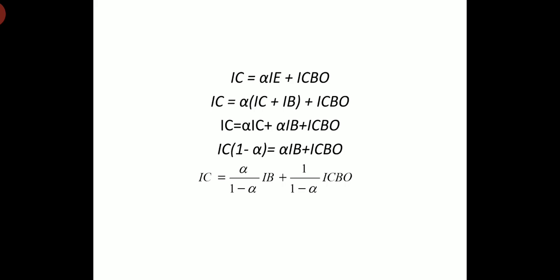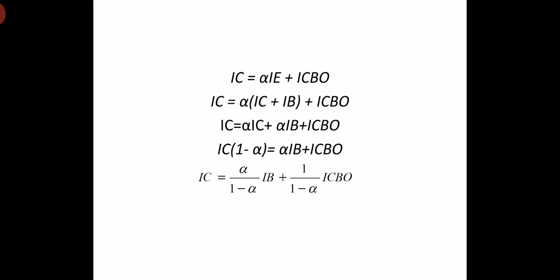Here, ICB naught is the reverse saturation current. Even when IB equal to 0, the input current is 0, so what will happen? IC equal to alpha by 1 minus alpha into 0, so the first term becomes 0. IC equal to 1 by 1 minus alpha into ICB naught will remain.